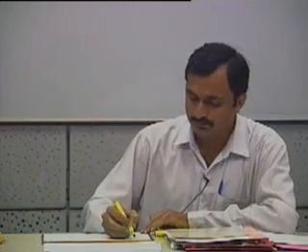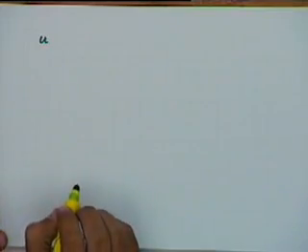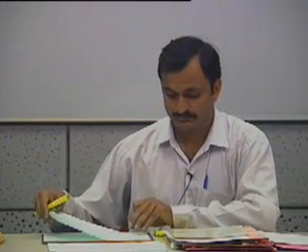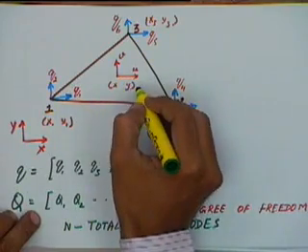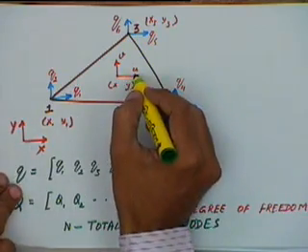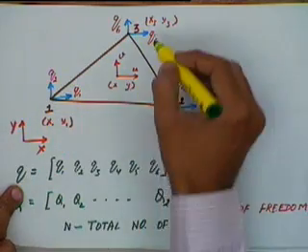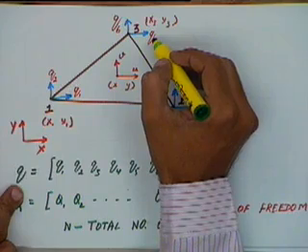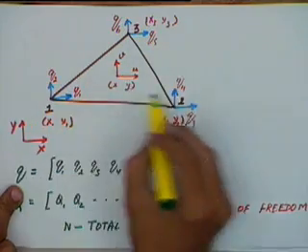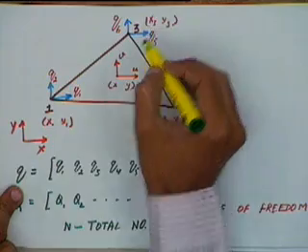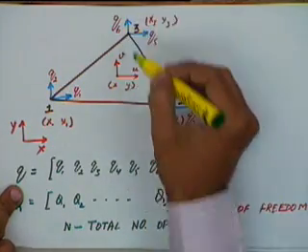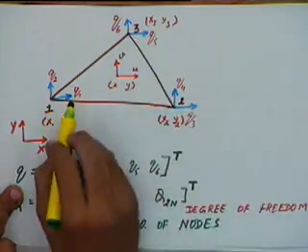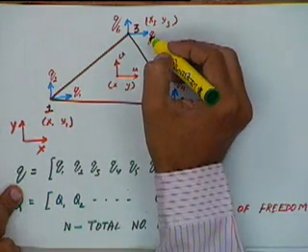Now if we consider u, which is a deformation at any arbitrary point, the x direction deformation at any arbitrary point xy. Now this deformation u will depend on q1, q3 and q5. We will say it will be a combination of q1, q3 and q5, because q2, q4 and q6 are the deformations in the y direction, and q1, q3 and q5 are the deformations in the x direction.